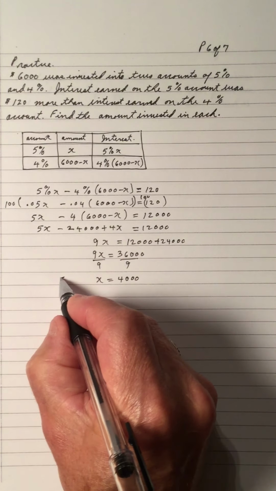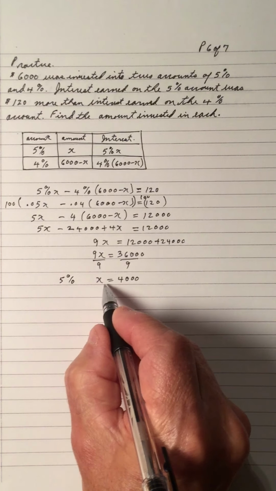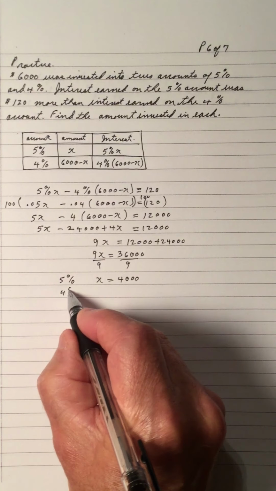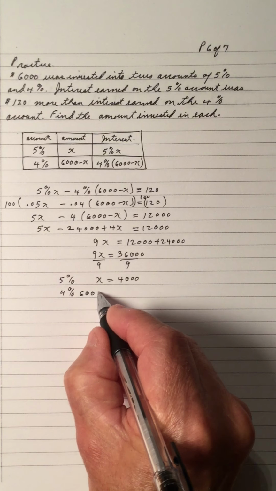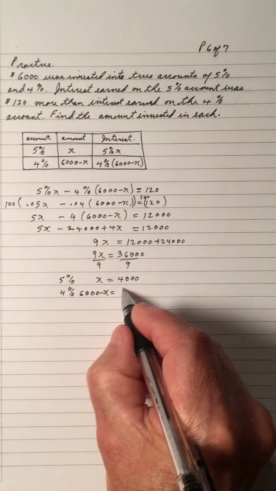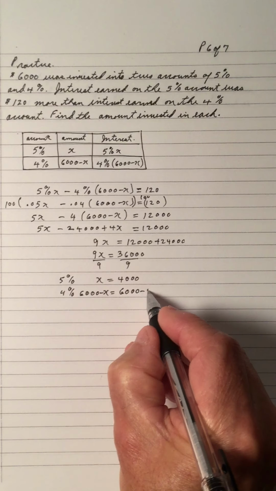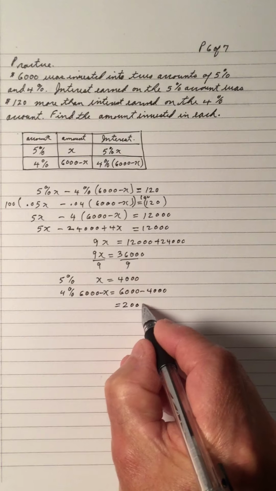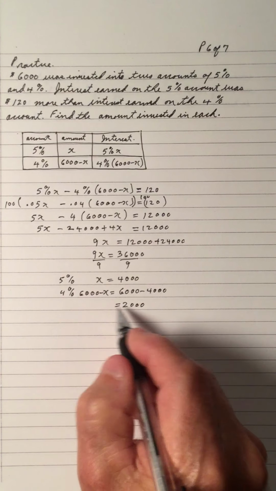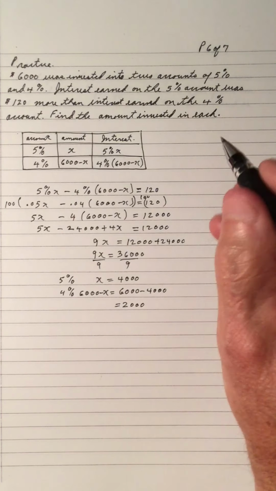And so that's the 5%. The 4% is 6,000 minus x. So 6,000 minus 4,000 gives us 2,000. So the 5% is 4,000, the 4% is 2,000.